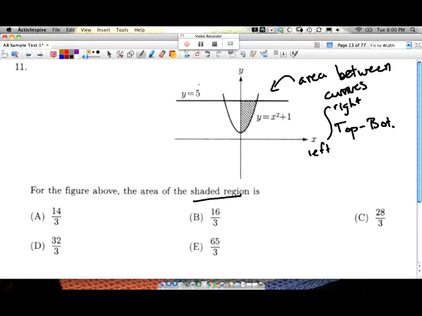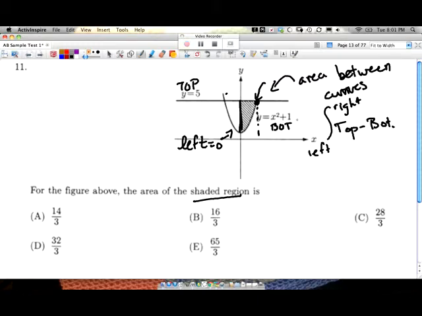Okay, well, here's my left, right here. So left equals 0. But what's the right? Where do we stop? What's this point right there? I don't know. Let's see what we do know. The top here, this is my top. That's going to be y equals 5. And the bottom is this piece here, x squared plus 1.